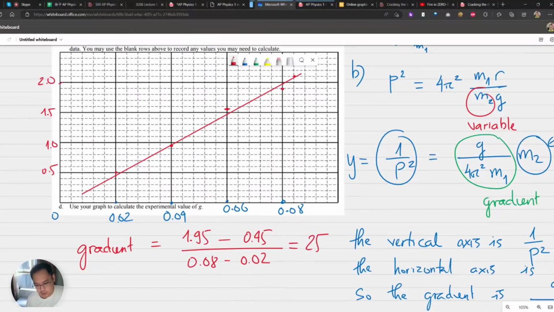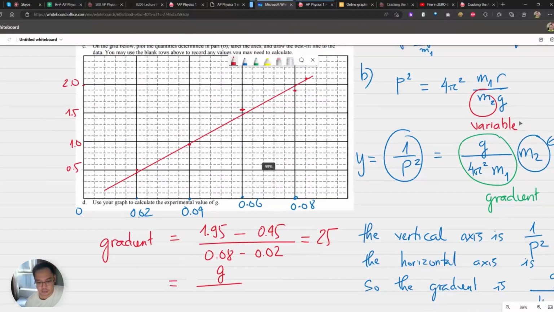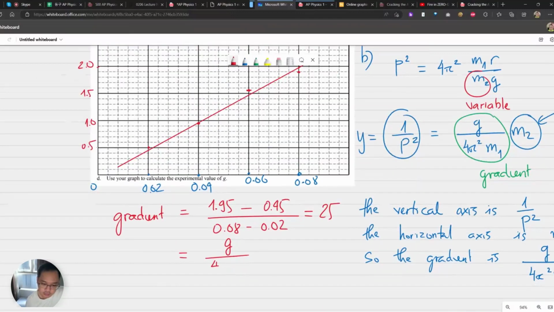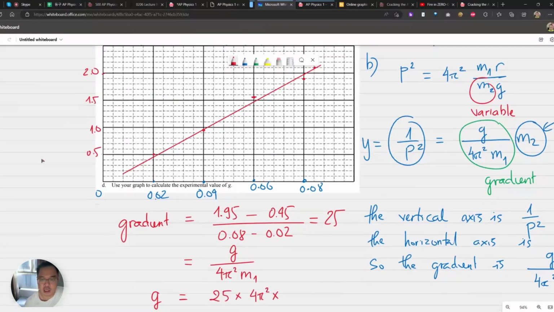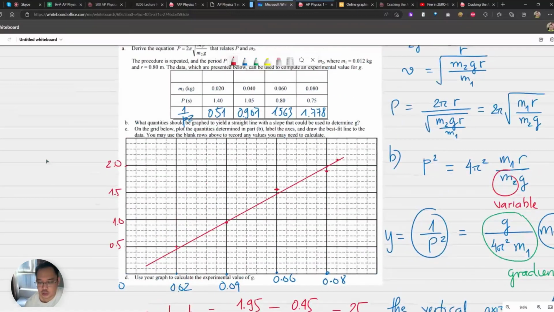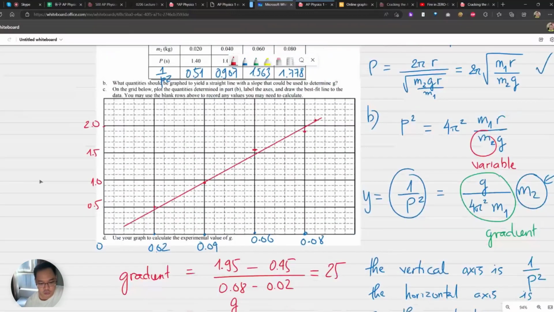That gradient is equal to G divided by 4 pi square and m1. So we are calculating G. G is that value 25 multiplied by 4 pi square and m1, which is how many kilograms? 0.012 kilogram, a very small mass.